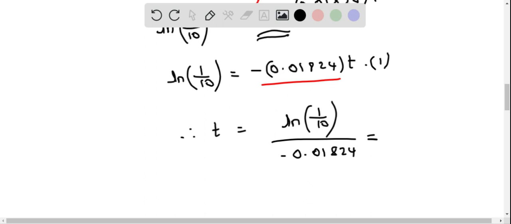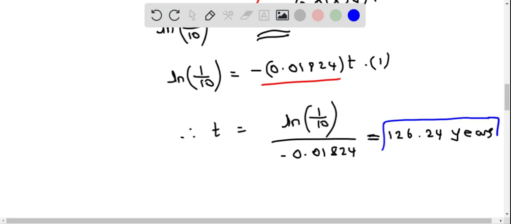We plug this into the calculator, and when we do that, we approximately get the value of t as 126.24 years. So it will take about 126.24 years for the radioactive substance to decay to 90%, or it will have only 10% of the original amount of the radioactive substance.